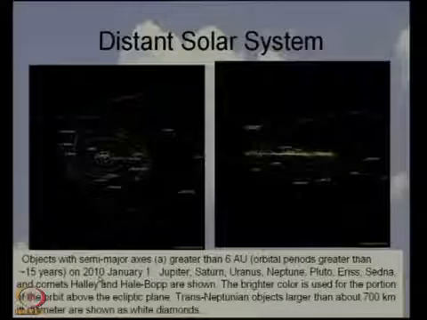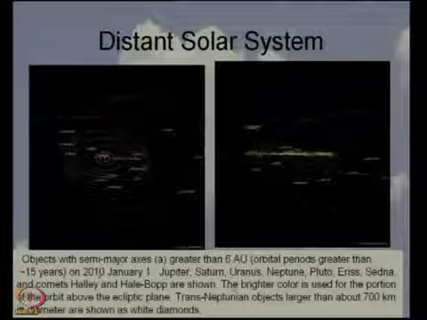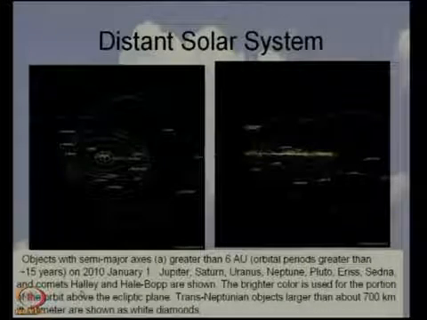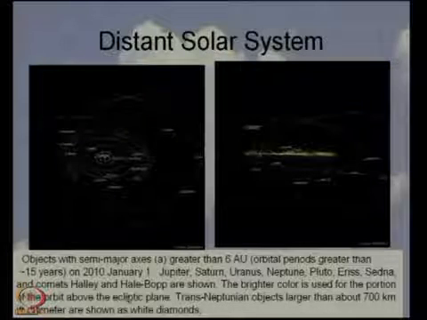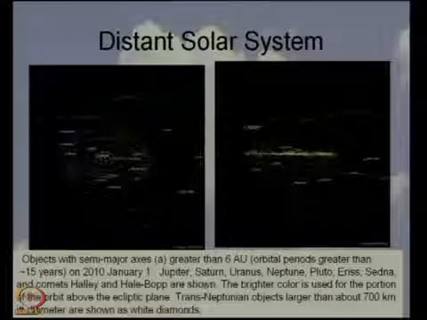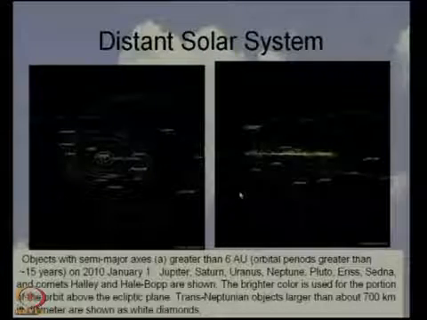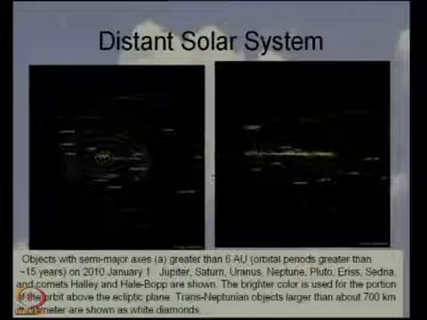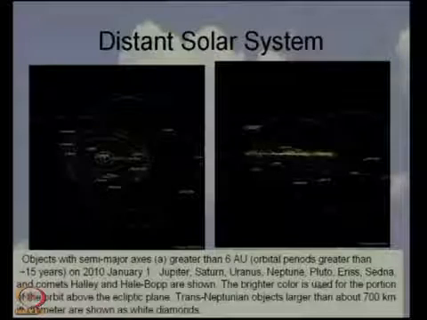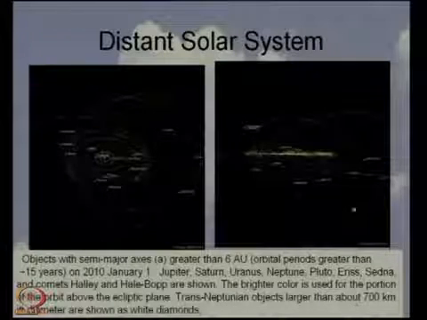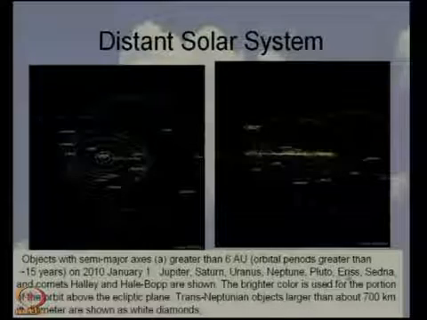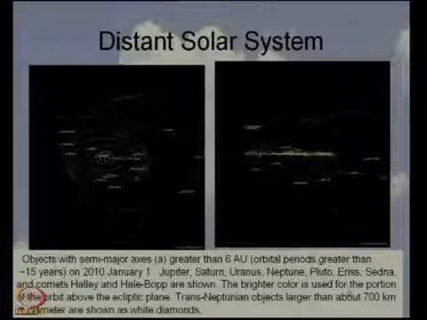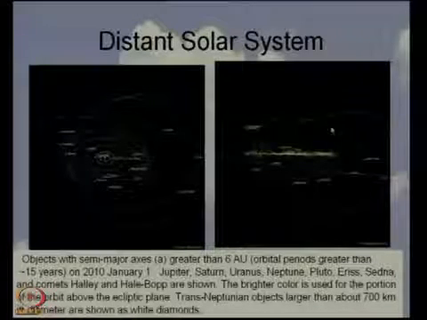In addition to that, it also shows the planets, and the Halley and Hale-Bopp comets. There are also the orbits of Sedna and Eris shown, in addition to Pluto. You can see them here.